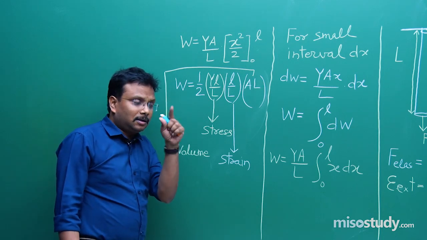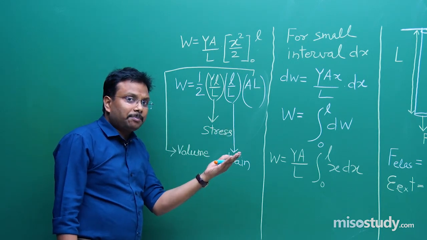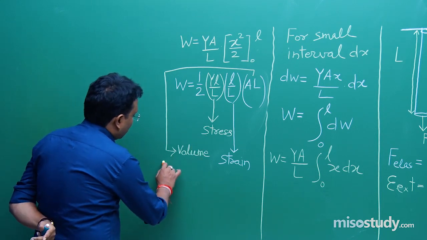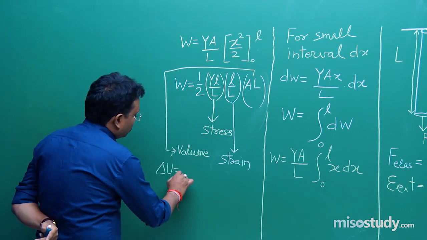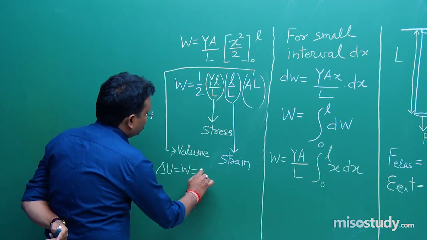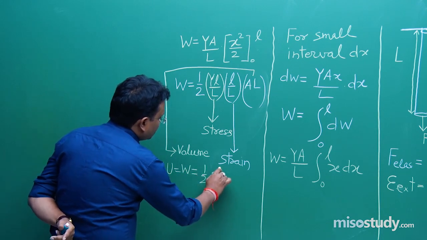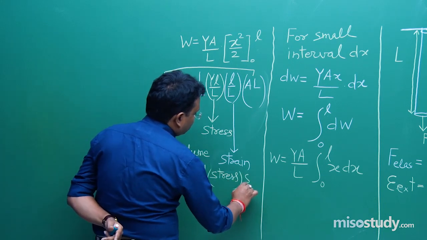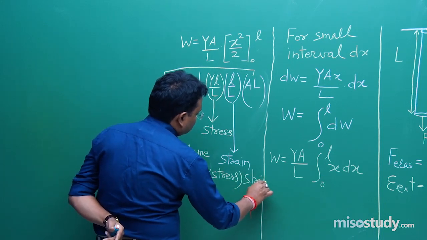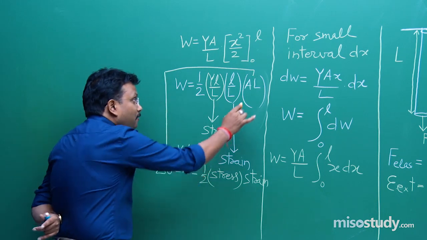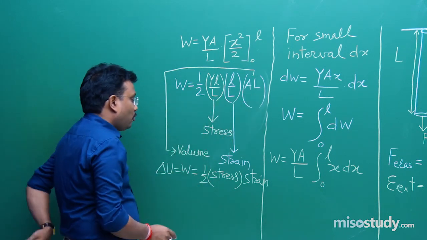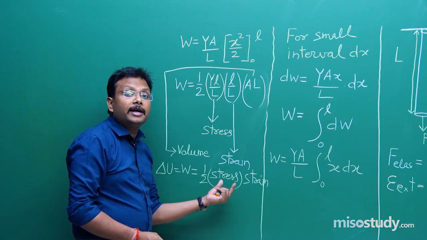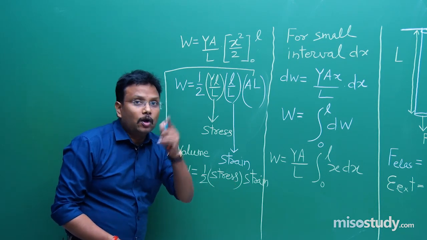Try to recall the work, energy, power chapter, that work done is what? That is delta U equal to W equal to half stress into strain, fine. And if I am removing this volume, then I will say it is the elastic potential energy per unit volume, fine.